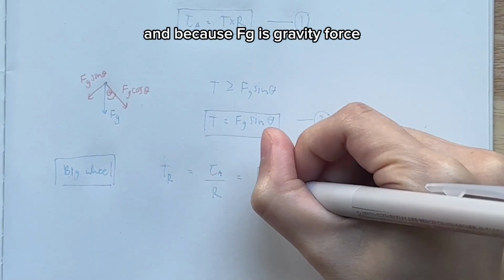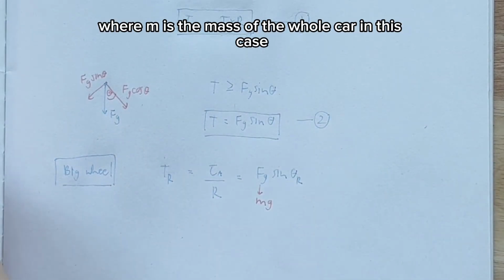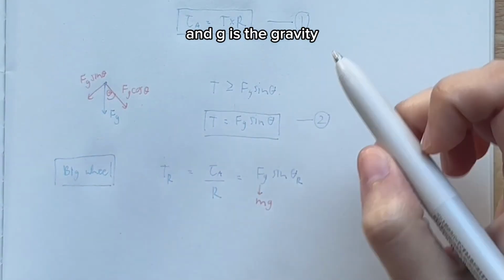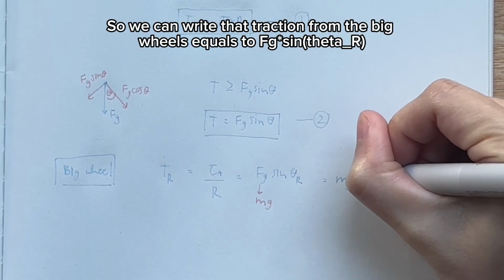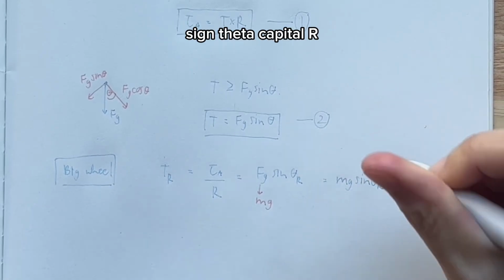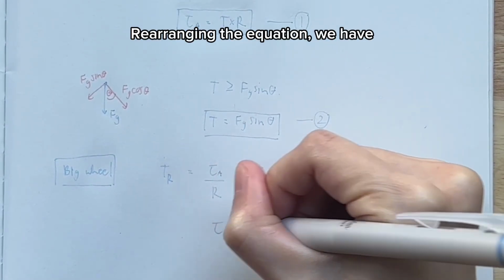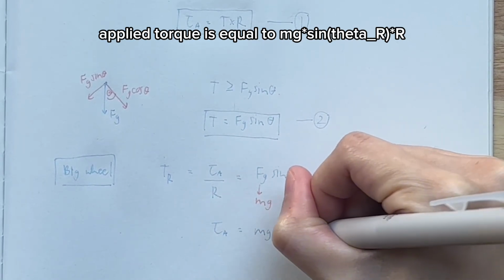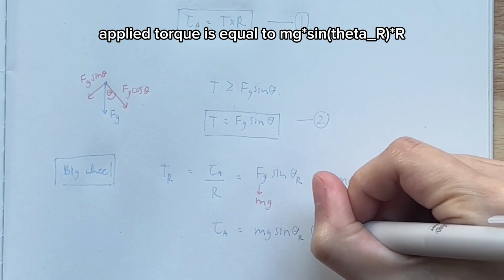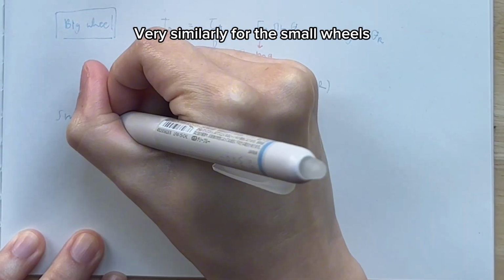And because Fg is gravity force, we know that that is mg, where m is the mass of the whole car in this case, and g is the gravity. So we can write that traction from the big wheels equals mg sine theta capital R. Rearranging the equation, we have applied torque is equal to mg sine theta capital R times the radius of the big wheel.